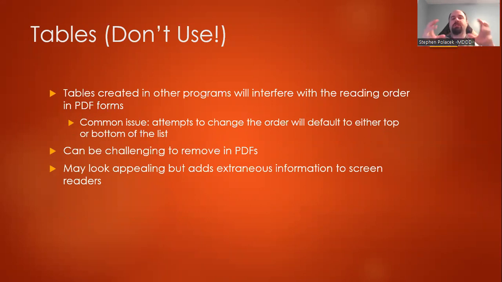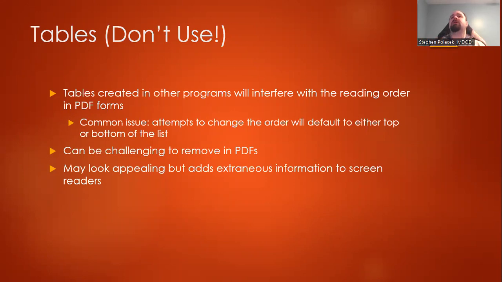Because it's interpreting that as a table where it wants to read by column and by row, it's going to fight you whenever you're trying to assign a manual reading order where you want to read this column, then this column. Instead, it's going to want to do row, row, column, column.